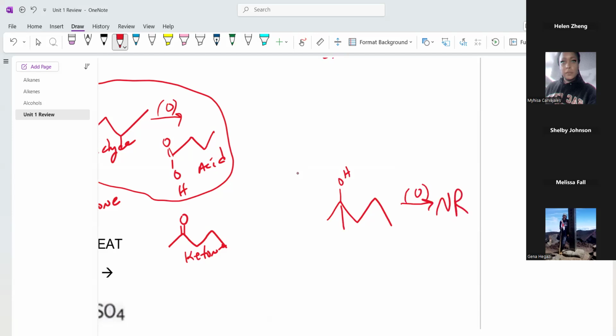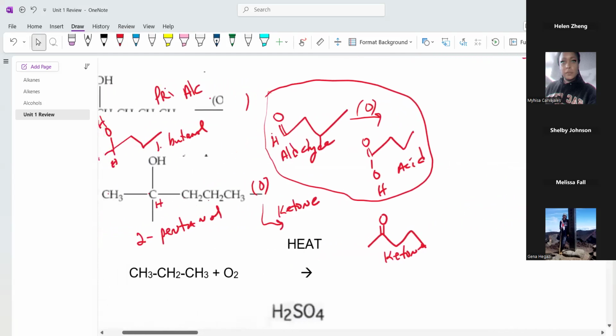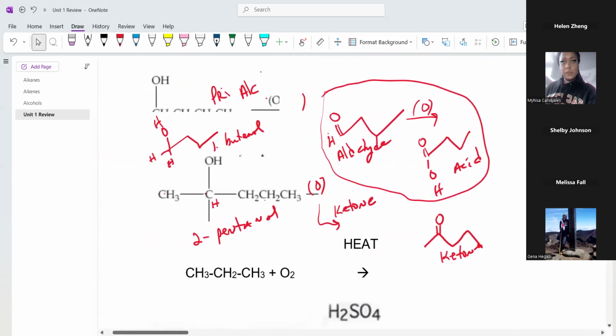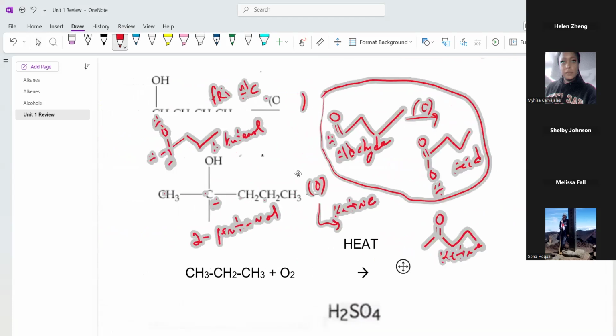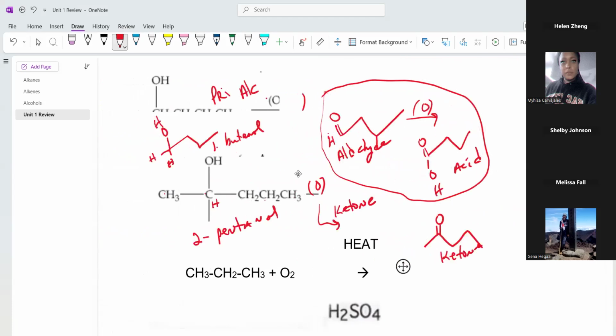So no reaction. Okay? So primary alcohols can be oxidized, secondary alcohols can be oxidized, tertiary alcohols cannot be oxidized. Primary alcohols go through 2 stages. They first go to an aldehyde and then actually an acid.